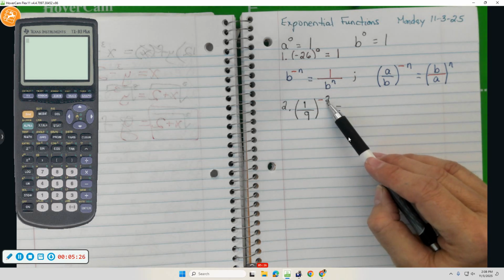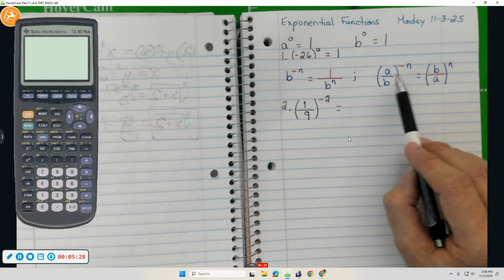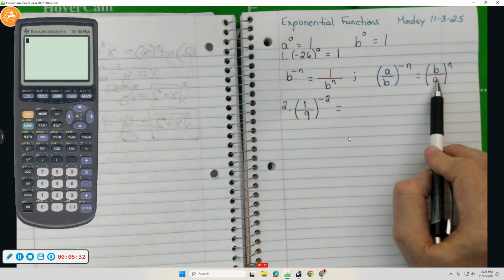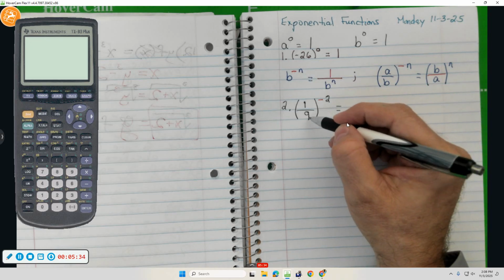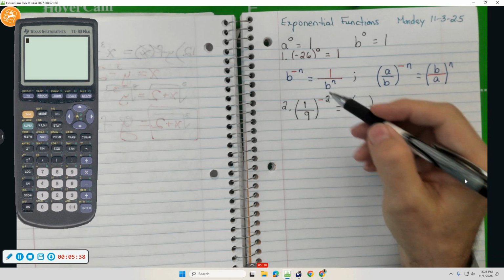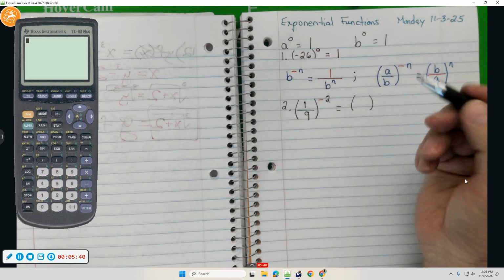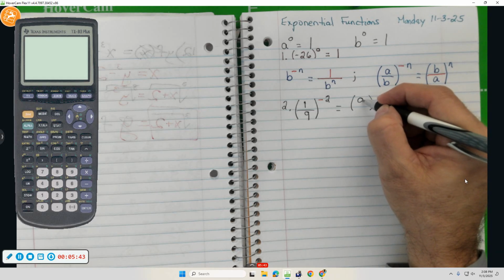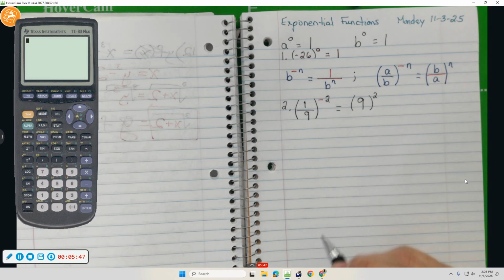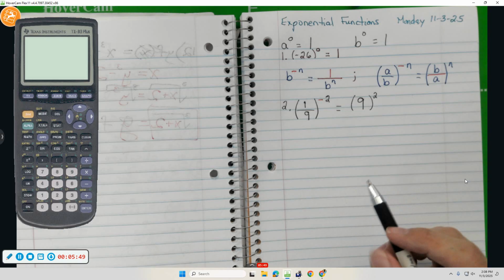So that means we're looking at this rule. To raise a fraction to a negative power, you flip the fraction. If I flip 1 over 9, I'd get 9 over 1, which I don't need to write as 9 over 1. I can just write it as 9.